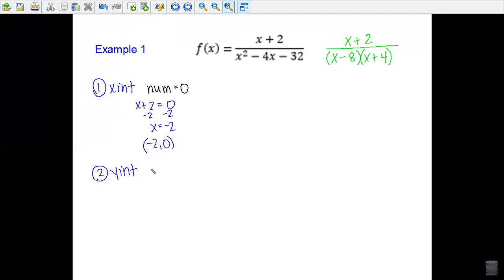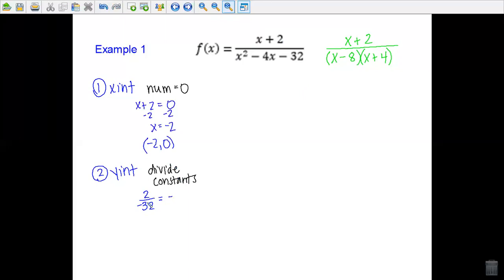Okay, my y-intercept. My shortcut for the y-intercept is to divide the constants. You got to keep the C words in the right spot. So this is dividing the constants. So that means I'm going to go back to the non-factored one, the original, and I'm going to ignore everything. So I can ignore all of these, and just look at my constants. Okay, so my constants are 2 and negative 32. So that means I have 2 over negative 32, which I can simplify.